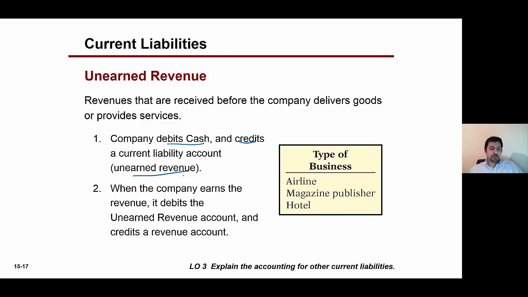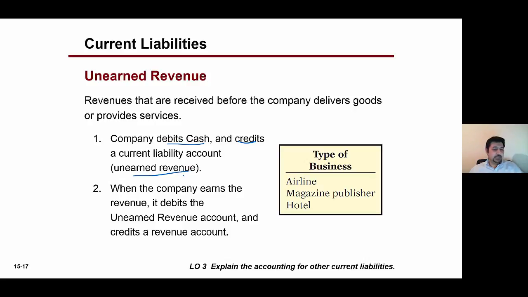However, it will not recognize this amount as revenue until it has actually delivered the 12 volumes. Every time the company delivers one volume, the company will earn that amount. So it will debit unearned revenue and credit revenue. At that time, no cash will be exchanged, but the company would have earned this money or part of the money.